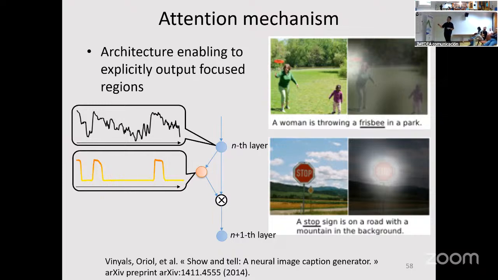When we input an image, it outputs a description of the image. This heat map is an example of attention output when the model outputs the word frisbee. And so we can know that the model focuses on this area, the frisbee.